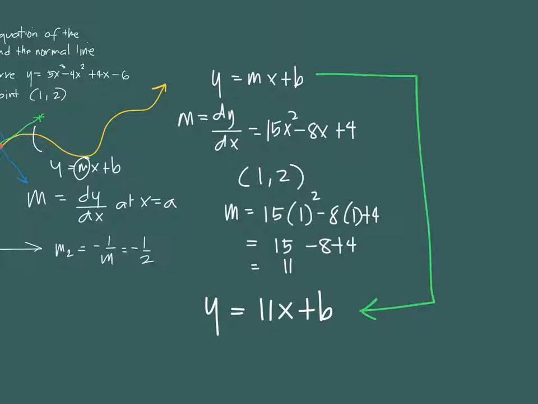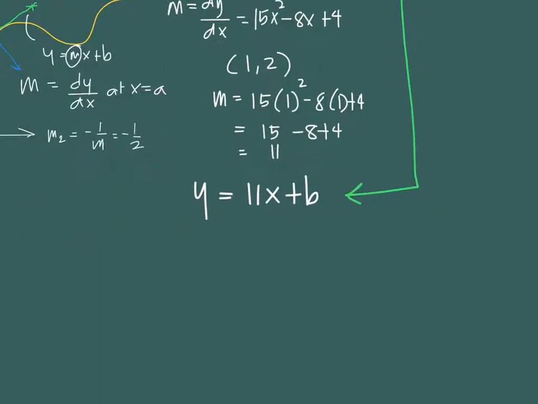The only thing that is left to find is the b. How are we going to find the b? Any idea? How do we find the b? The tangent line also passes through the point 1, 2. So that means you can substitute 1, 2, because 1, 2 is a point of the line.